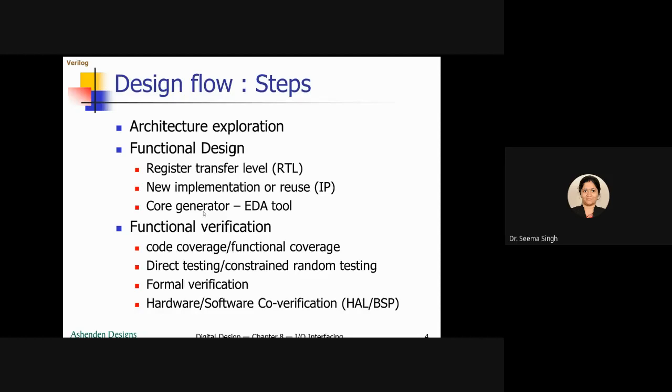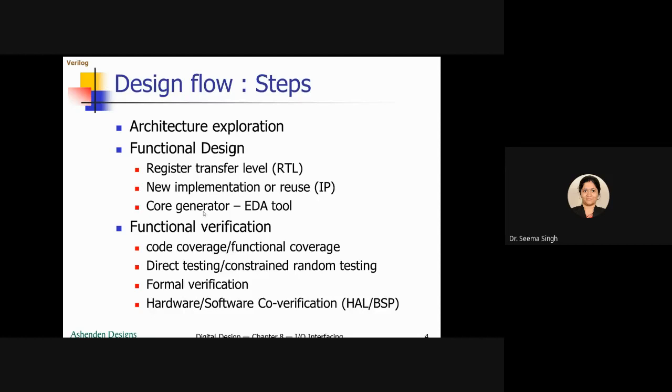Now you have to see that here we are talking about only functional verification of a component. Functional verification means we are just bothered about the functional operation of each subunit in the design.